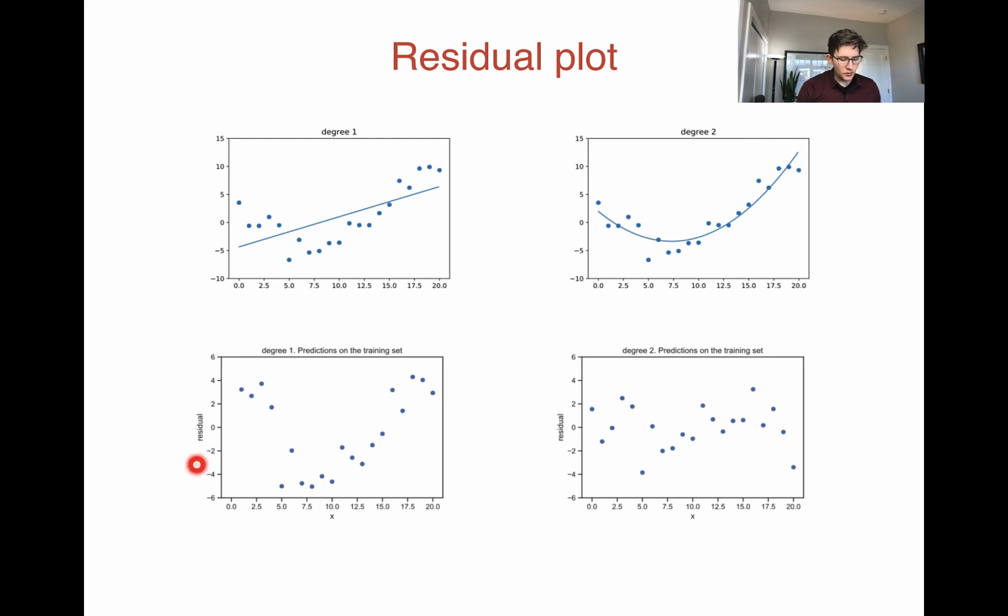That is, we're plotting the residual, that is y minus y hat, the true y minus the predicted y, without taking the square or the absolute value. So we're looking at the sign as well as the magnitude of the error. This is the residual for the 1D polynomial, and for the degree 2 polynomial.